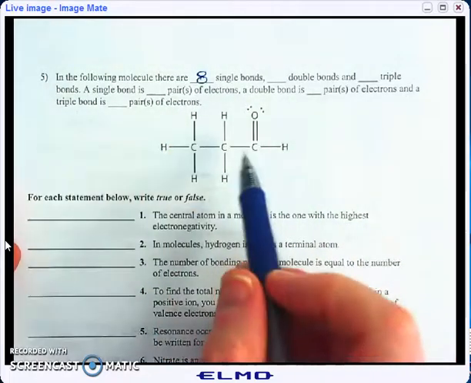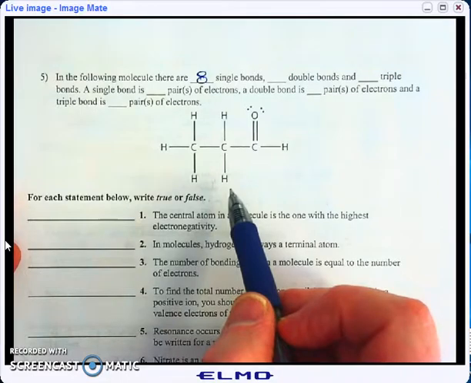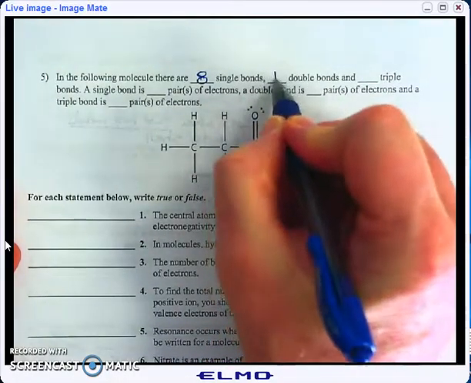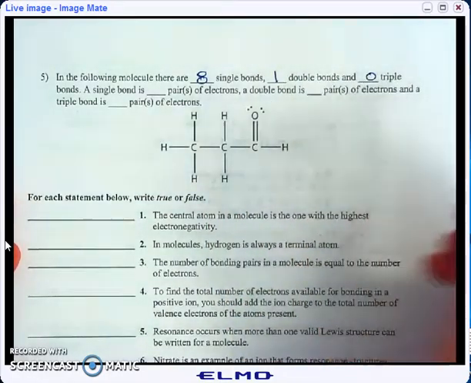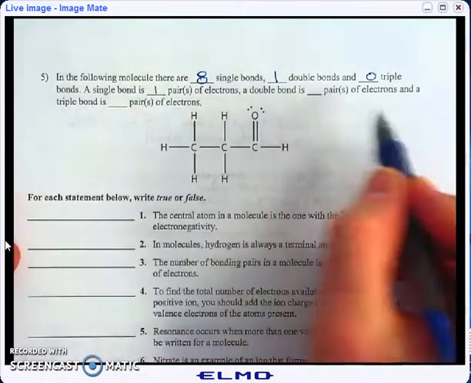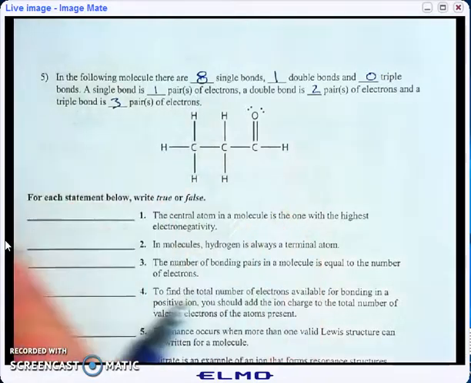Eight. Got it? How many double bonds? 1. How many triple bonds? 0. A single bond is how many pairs? 1. A double bond? Triple bond? 3. Okay?